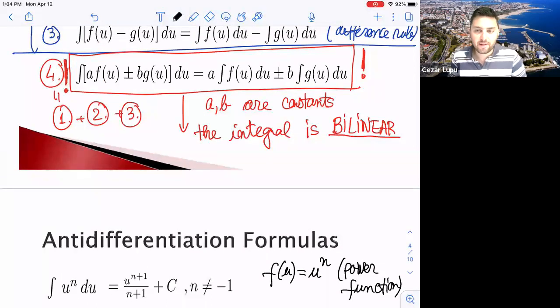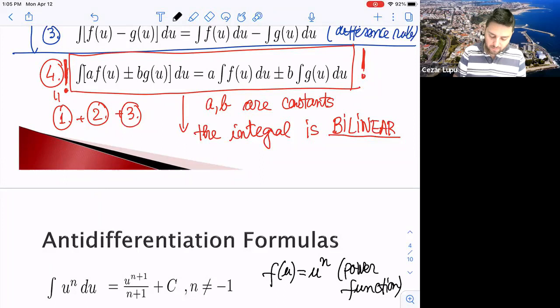We would like to see what is the integral of u to the power n du. Can you think of a function whose derivative will give you u to the power n? Well, u to the power n plus 1 over n plus 1, right?